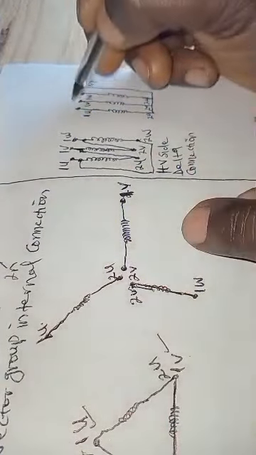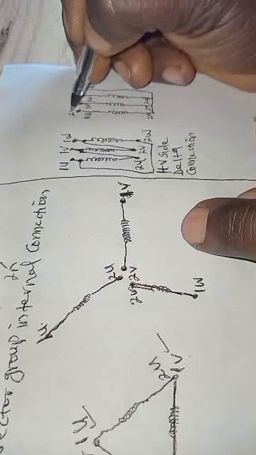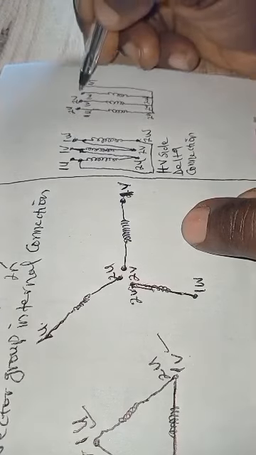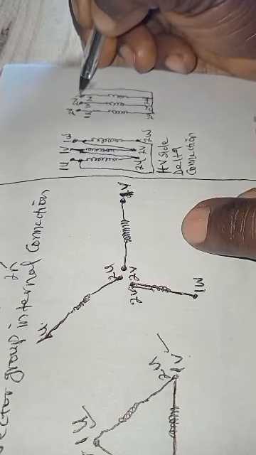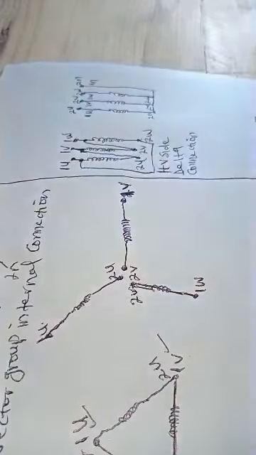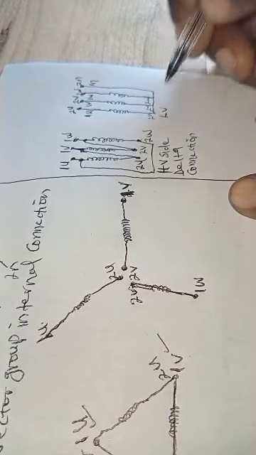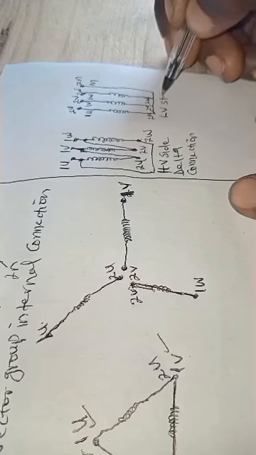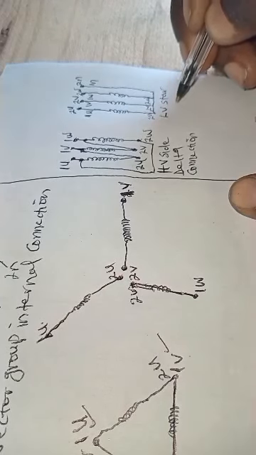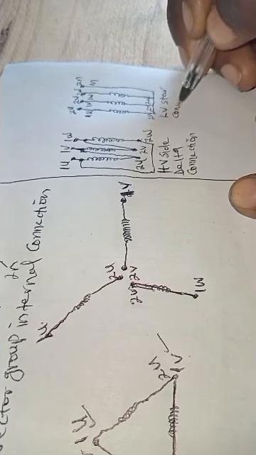So let's represent this with 2U, 2V, 2W, and 2N here, so as to differentiate the low voltage side from the high voltage side. And this is LV, which is the low voltage star connection.